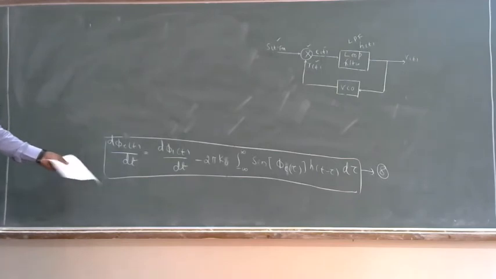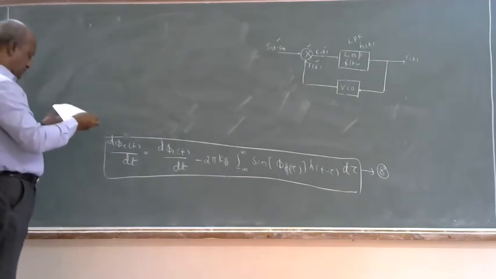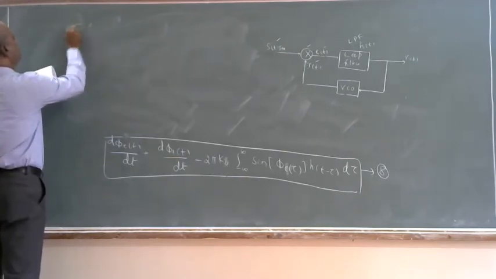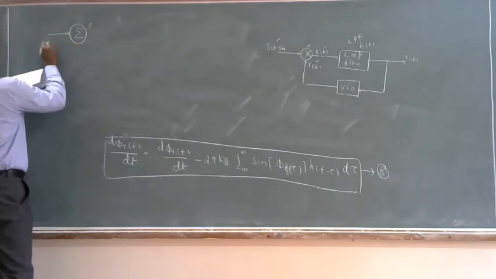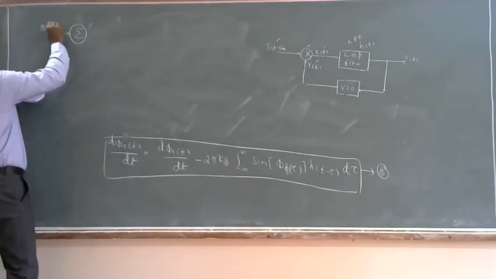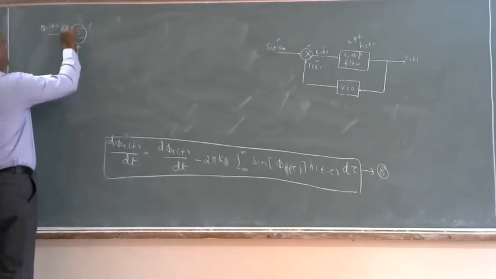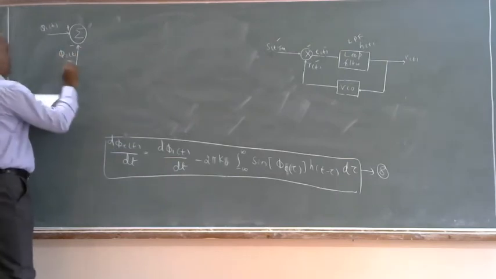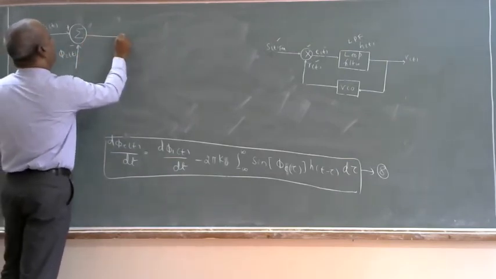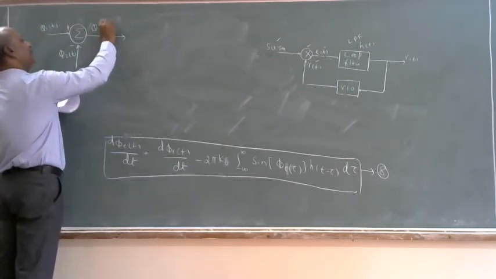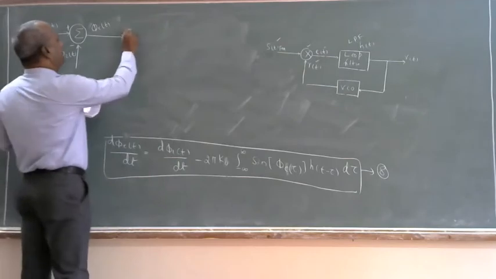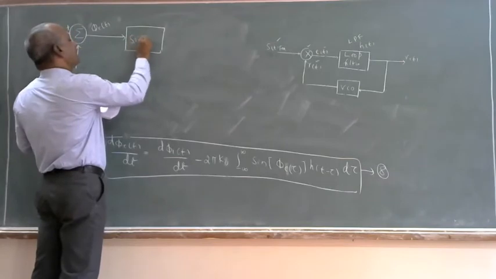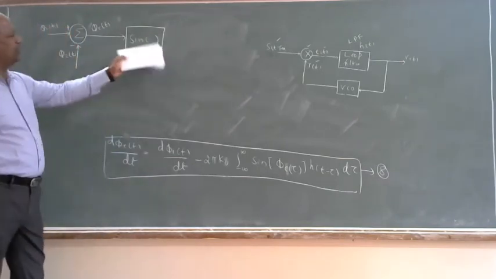Referring to this equation, I can model physically like this: summation, input phi 1 of t with plus, and here minus phi 2 of t. Output is phi of t, and phi of t is passed through sine, so the output becomes sine of phi of tau.